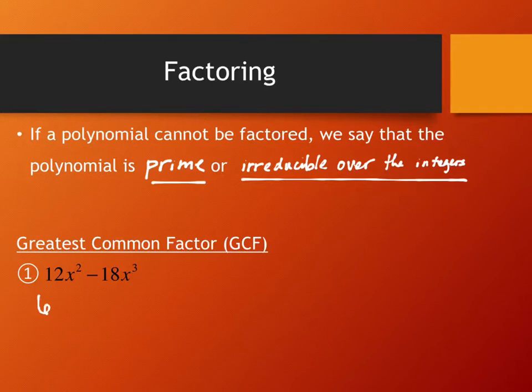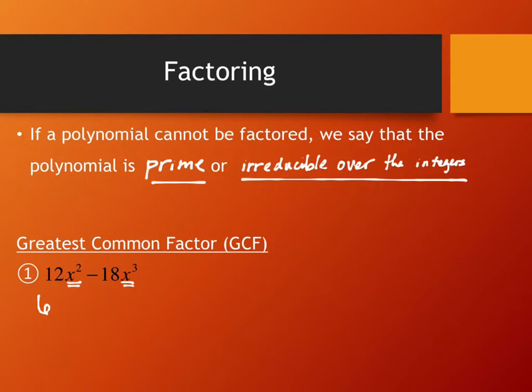And let me show you in a moment what happens if you accidentally don't pick the biggest one, so that you can see how you'll know very quickly that something bigger worked. But let me just go with the 6 for the moment. Then you look at the exponents, the variables with the exponents. I have x squared, which means x times x, and x cubed, which means x times x times x.